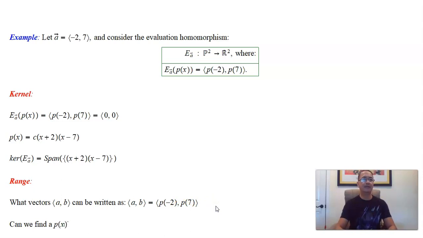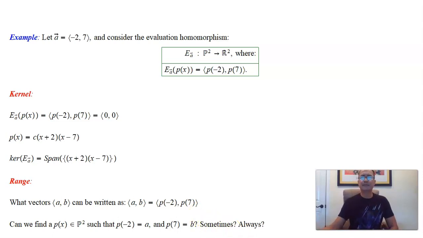Can we find a p of x such that p of -2 equals A and p of 7 equals B? And of course that p of x has to come from P2.